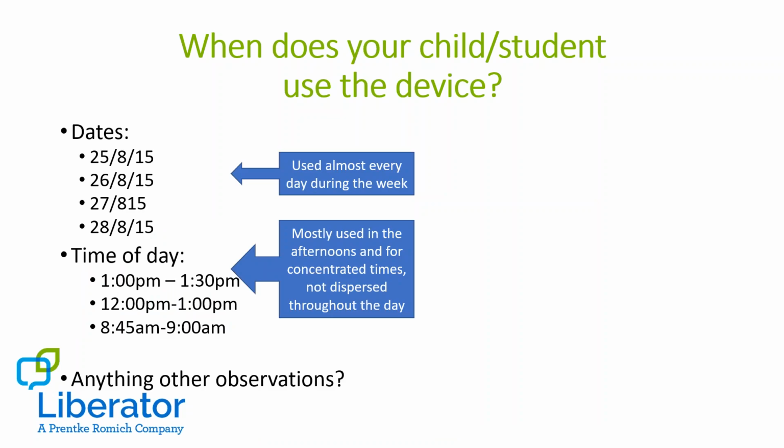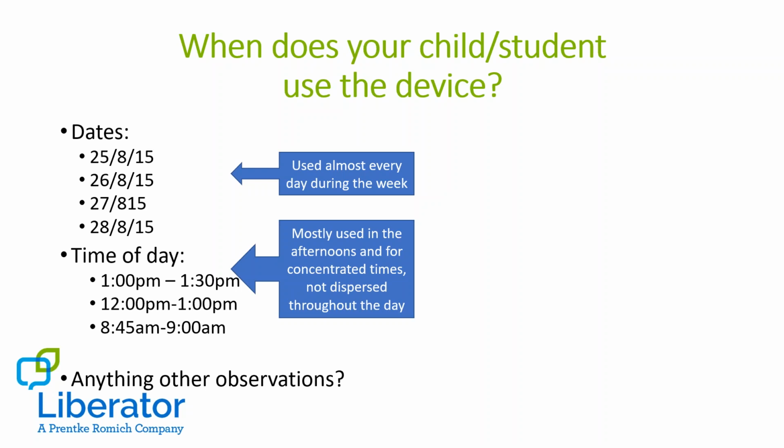So this is just a summary of that really awful to read data file. So for this particular student, over just that data set, which was, I think, about a week that they were collecting. So we can see that the device was used in some capacity on those 4 days, and they're 4 days in a row, which is really fabulous.